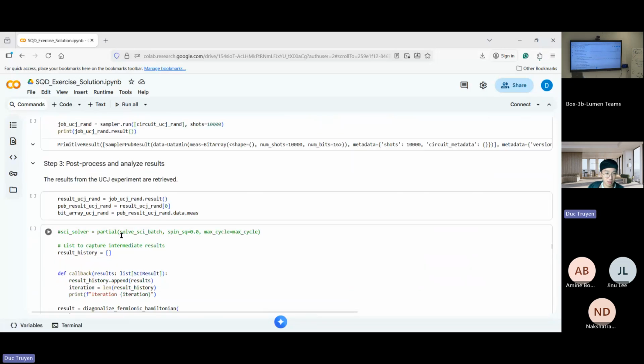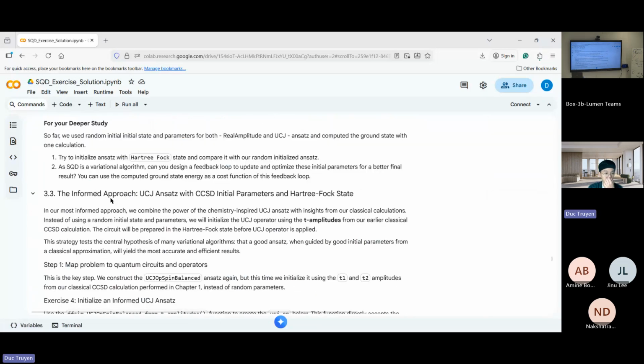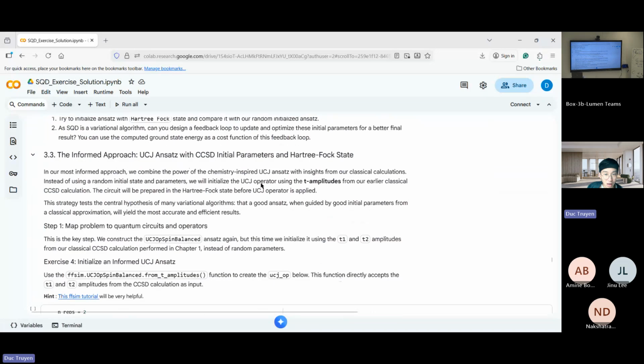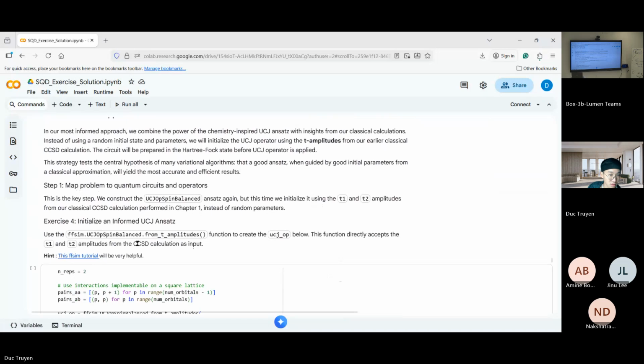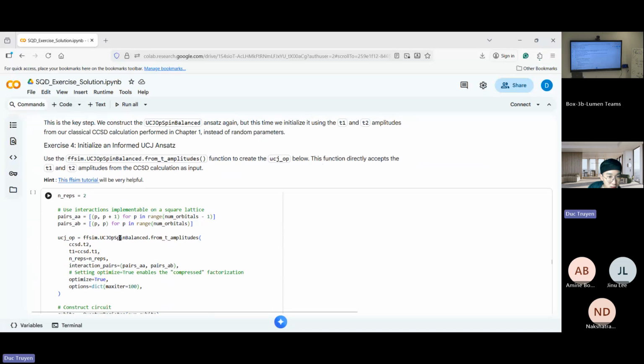That brings us to the next ansatz, which we call the informed approach. This means the informed angle, or informed initial guess, for the ansatz. So that's the T1, T2 that I showed you before. I will go through this.